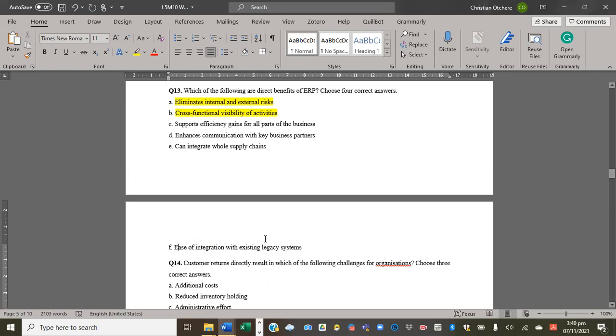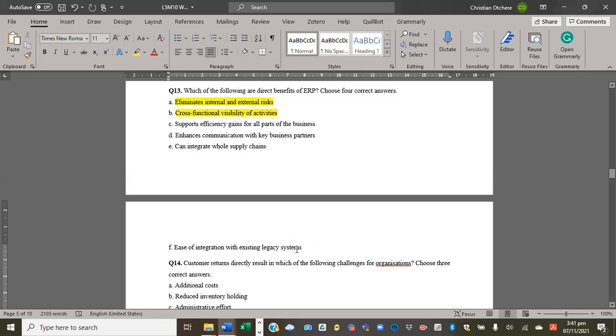Yeah. Okay, but when you talk about legacy systems, you have a fair idea. Ease of integration with existing legacy system. Now the legacy systems. In this context, we are looking at MRP 1, MRP 2. Yes, they are usually legacy systems. Here we are talking about ERP integrating with existing legacy systems.